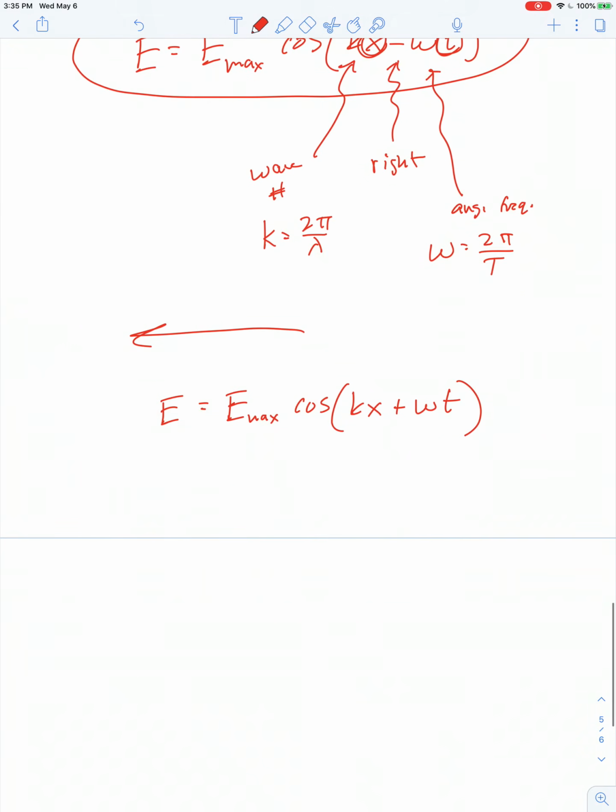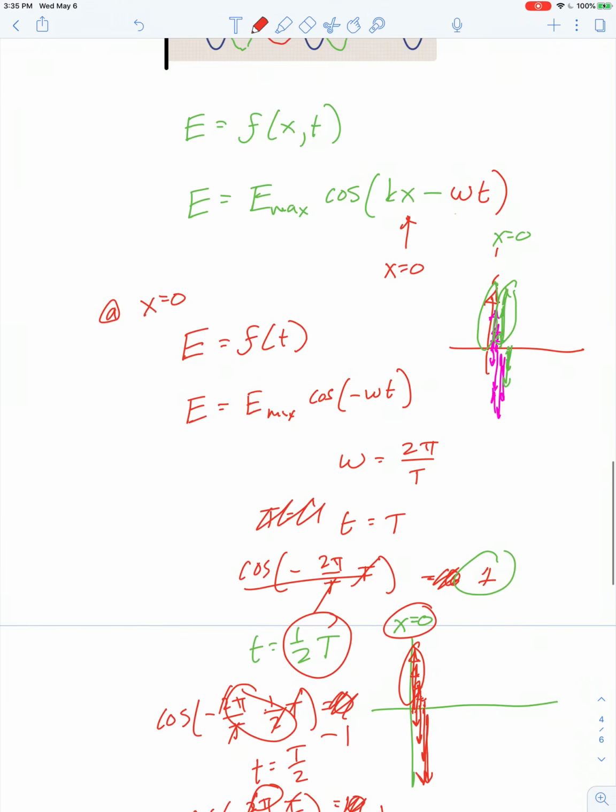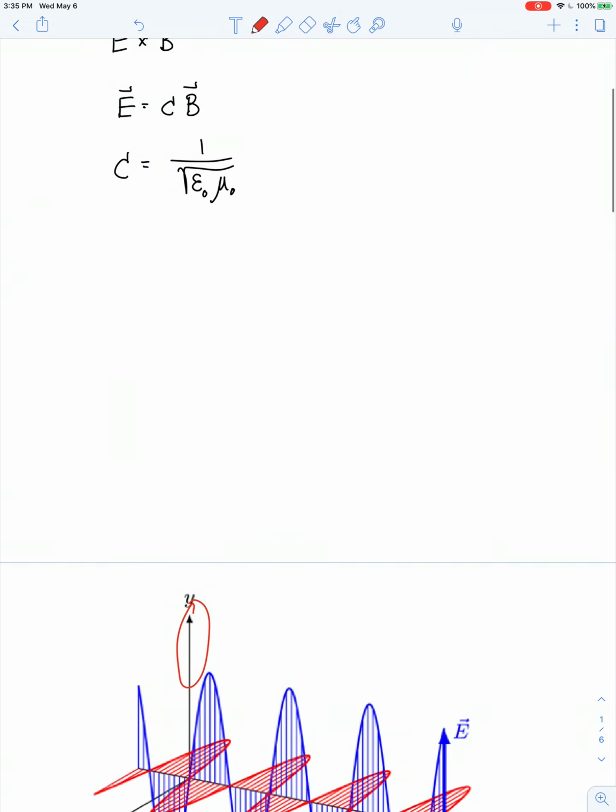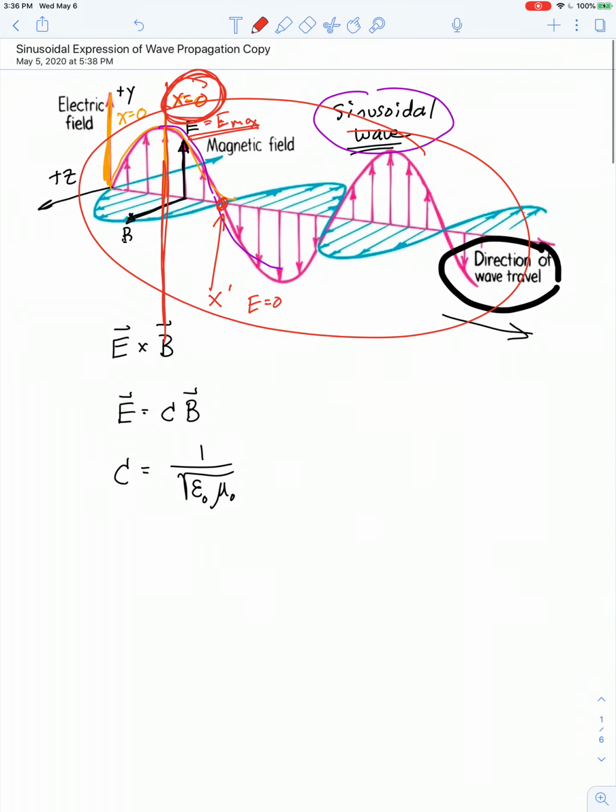It stands to reason that we could describe the magnetic field's oscillations independently as well. And it turns out, as you can see, at any given instant, if the electric field is at its maximum value, the magnetic field is also at its maximum value at that same time. Wherever the electric field is momentarily 0, the magnetic field is also momentarily 0.